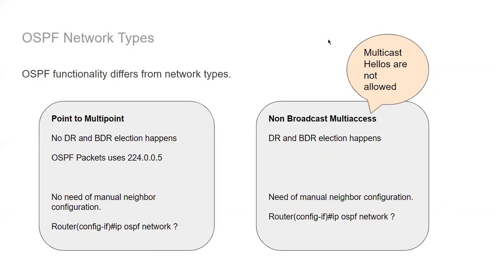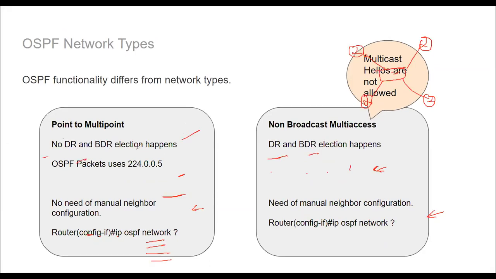There won't be any DR or BDR election. When there is no DR BDR, it makes no sense to have 224.0.0.6 in place, so we don't use it anymore. Again, your neighbor will be figured out with the help of the multicast packet, so you don't need to manually configure. Similarly, you change it the same way.